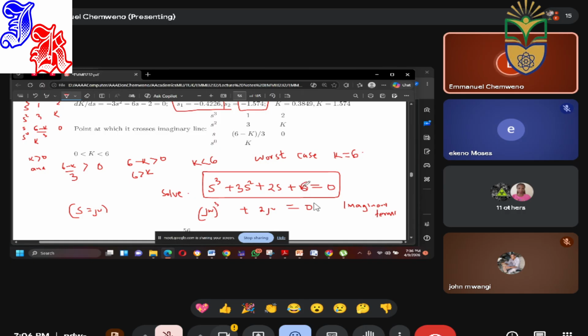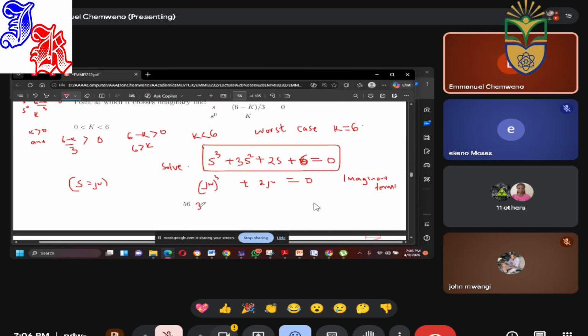K is equal to 6. Real terms, 3 j omega squared plus 6 is equal to 0.